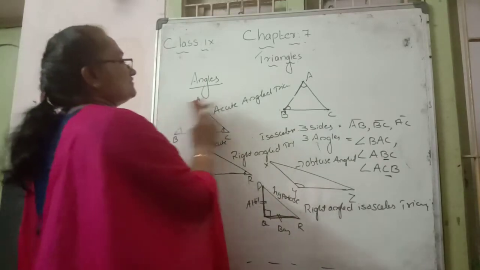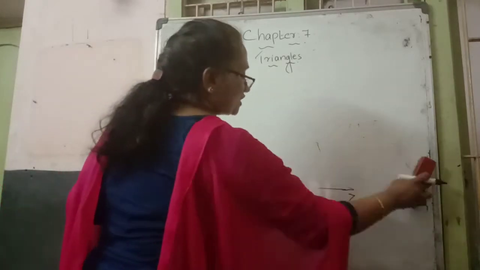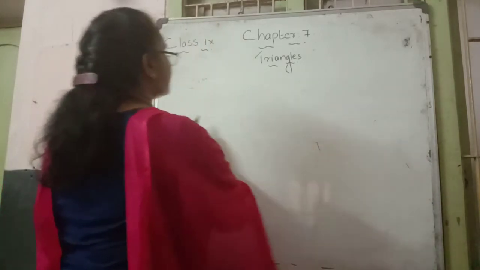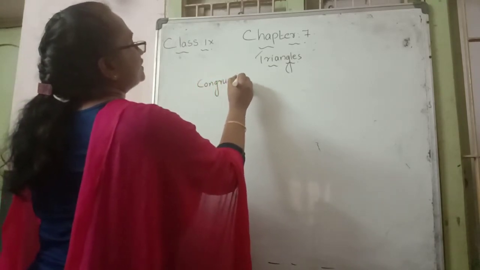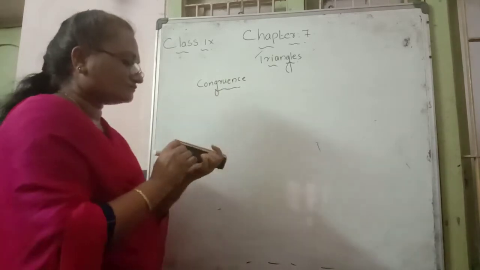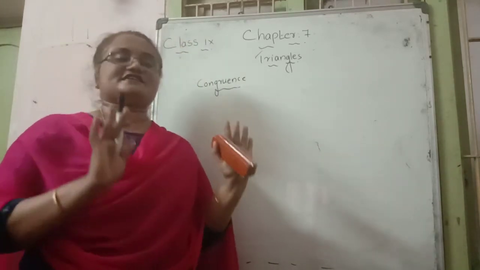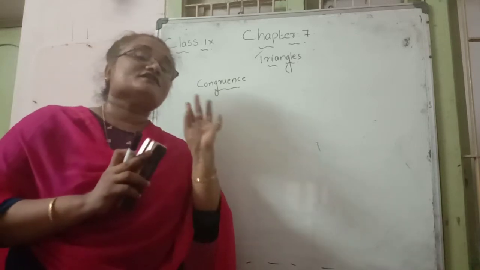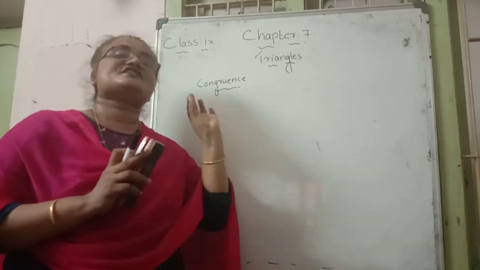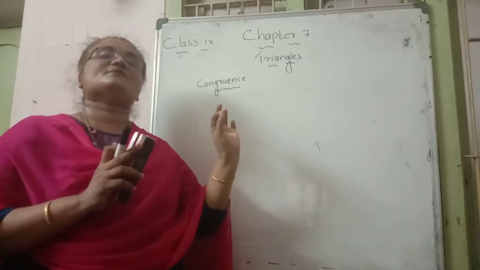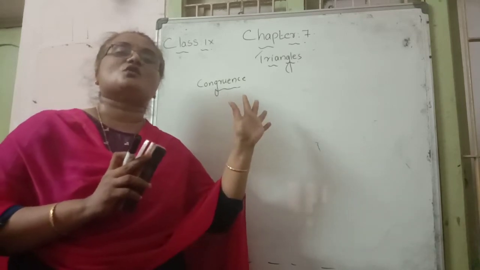Next, in this chapter we go through congruence. Congruence means, for two triangles or squares or circles, any shapes, the word congruence means the size and shape of the two figures are equal, then we can say they are congruent.